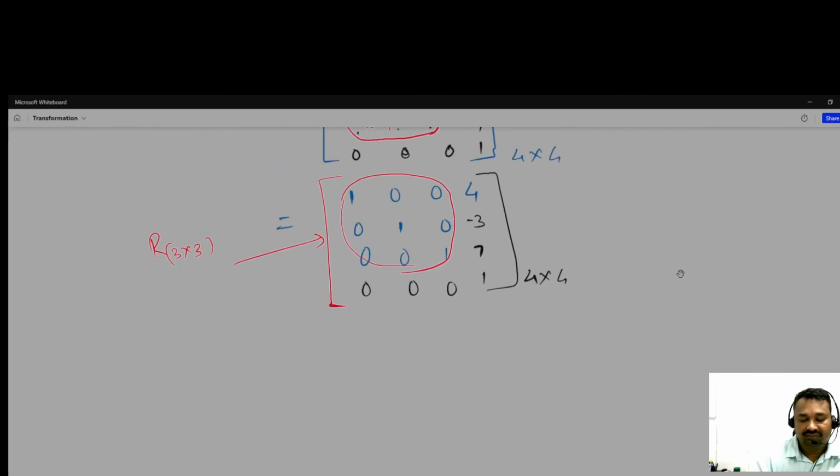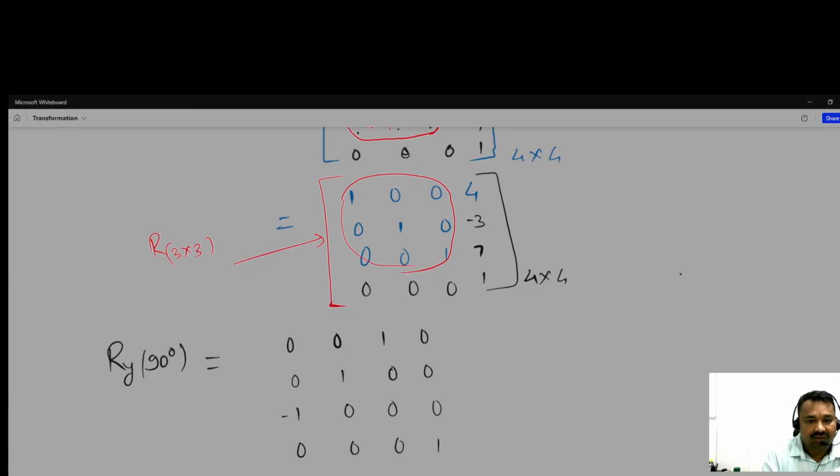Now the next one, the third transformation, is rotation about y of 90 degrees. This can be written here as 0 0 1 0, then 0 1 0 0, then minus 1 0 0 0, then 0 0 0 1.